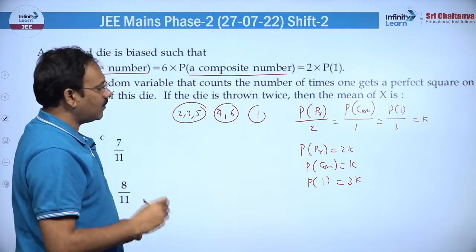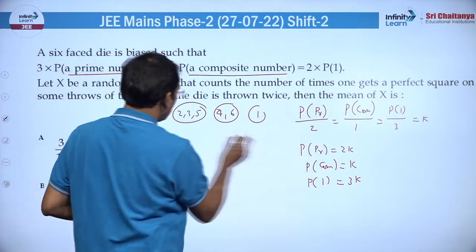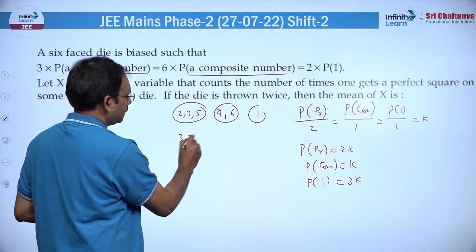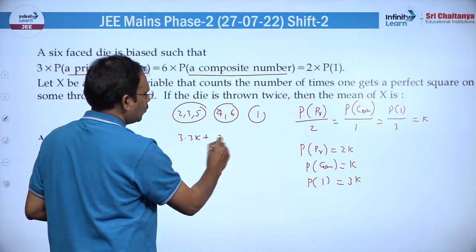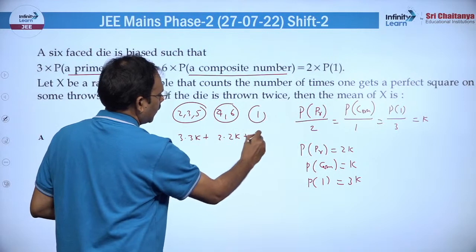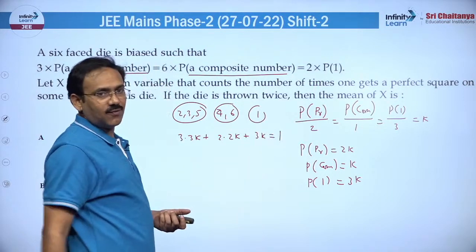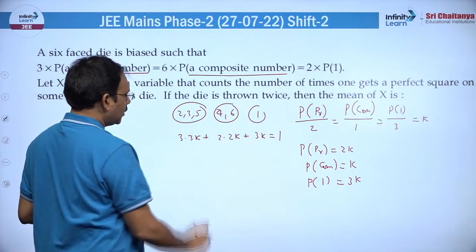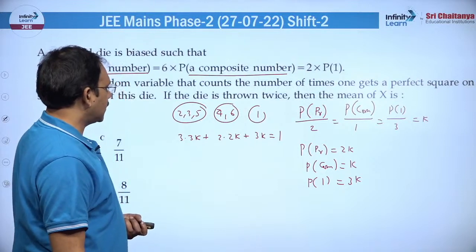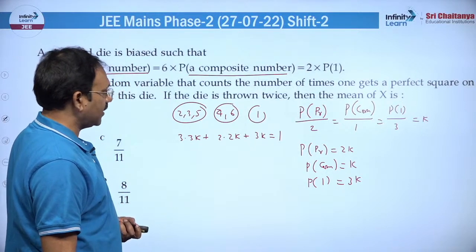So the sum of all probabilities means this 2k 3 times should come, plus this k 2 times should come, 1 time this 3k should come, and this must be 1, my dear friends.